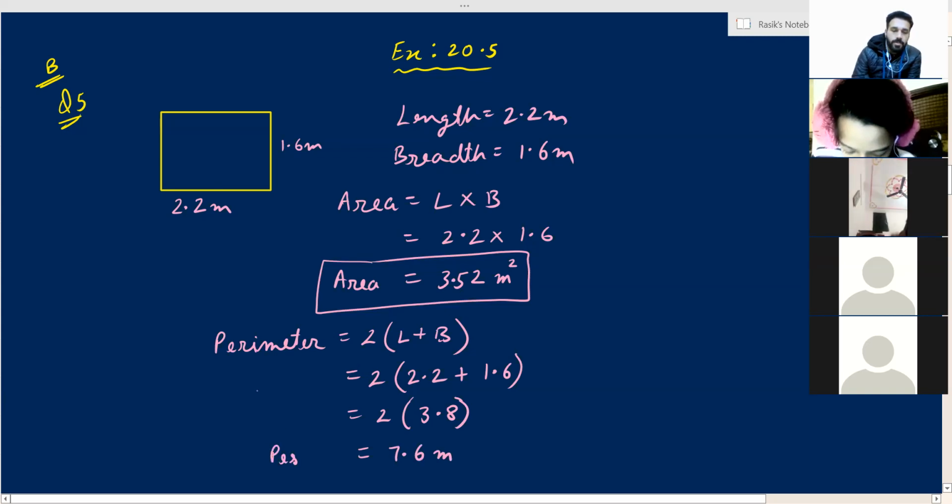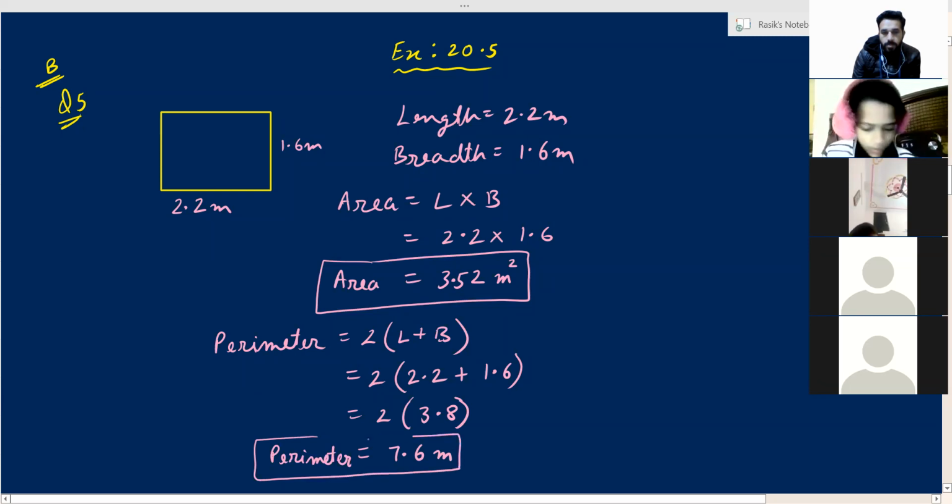Yes, sir, same. Sir, my answer was also same but I cut it. Sir, both my answers are correct. Shreyansh, very good, correct answer. Thank you, sir.